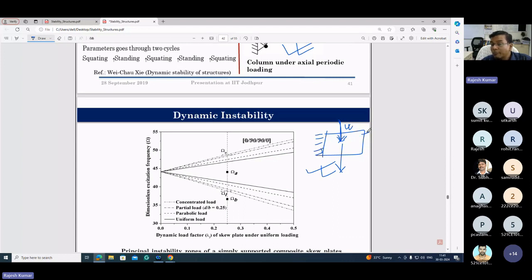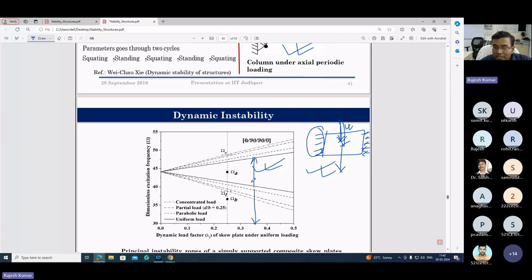In parametric resonance, when you apply in-plane loads, the in-plane loading magnitude also matters. All these three, loading amplitude, loading frequency, and the structural frequency of the member in transverse directions, have certain combinations where the member will be dynamically unstable. So this is an example of that. This V shape denotes the members at this particular dynamic load.